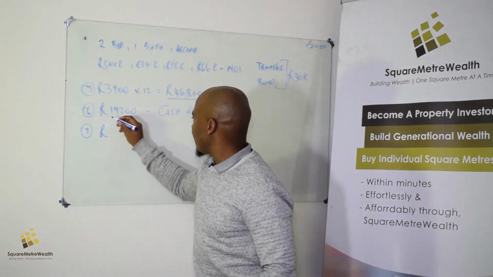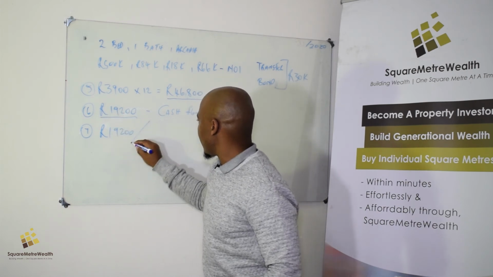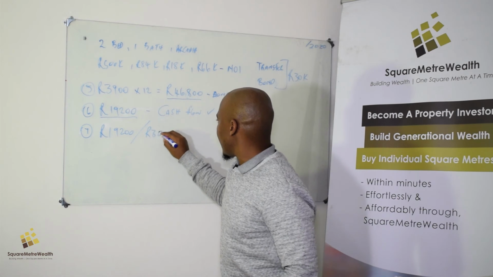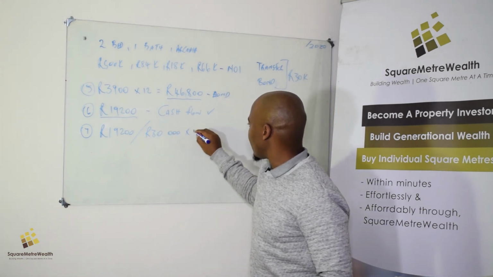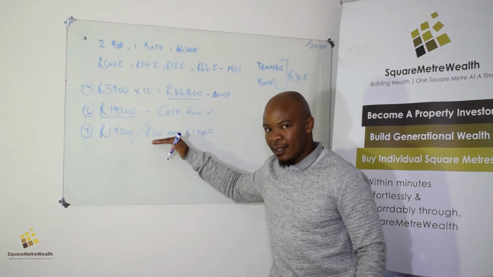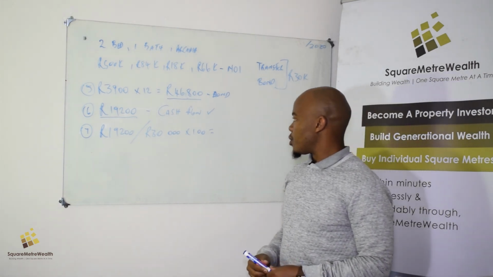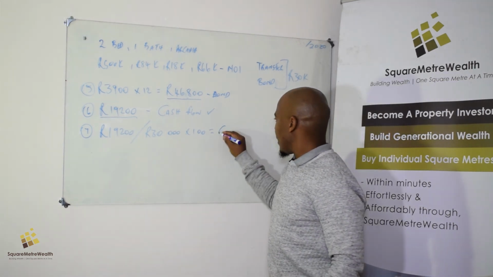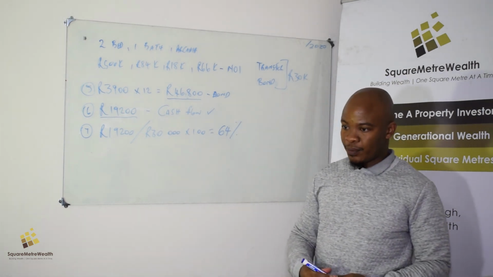You would take the cash flow of 19,200 and you would divide it by your own contribution of 30,000 rand. Multiply that by 100. So you are calculating the return on the 30,000 rand, which is your own contribution. 64. And this would be 64%.